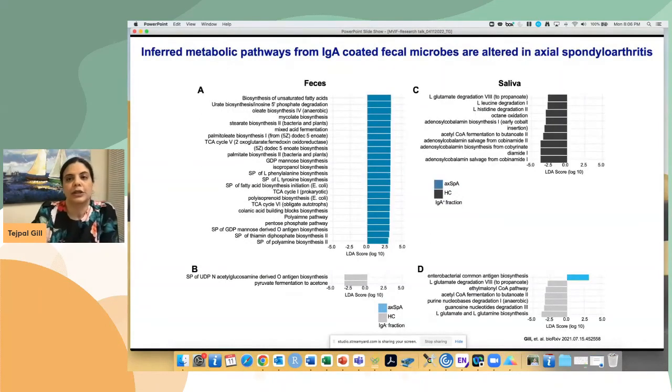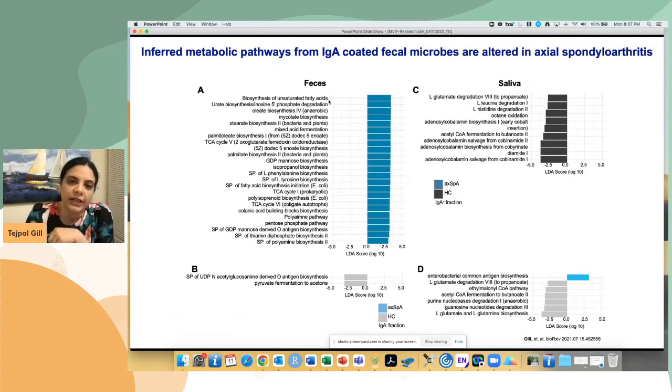Going on further, we also wanted to see if the IgA-coated microbes have a different metabolic potential as compared to the IgA negative microbes. So we went ahead and performed computational analysis using the software PICRUSt2 to infer metabolic pathways. And here are the fecal metabolic pathways from an IgA positive fraction, and on the bottom panel is the IgA negative fraction.